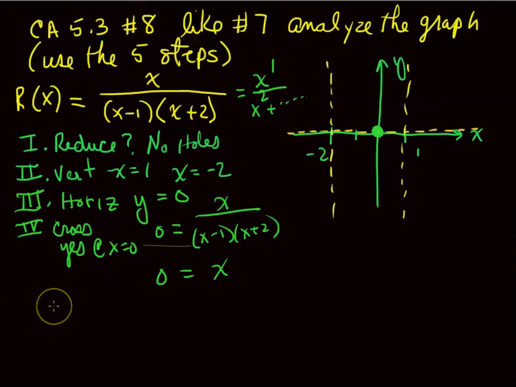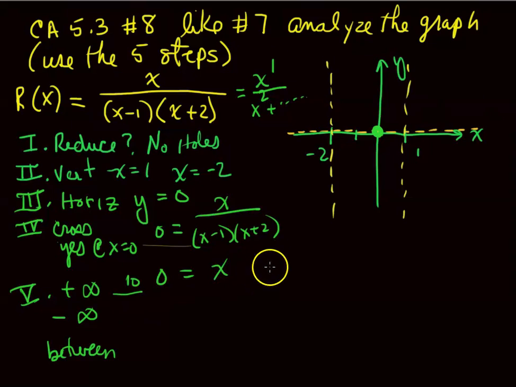Okay, step 5. Now we look at positive infinity, negative infinity, and between to see what's happening. Well, positive infinity, I'm going to put in a 10. So I've got 10 over, this is 9 times 12. And what is 9 times 12?